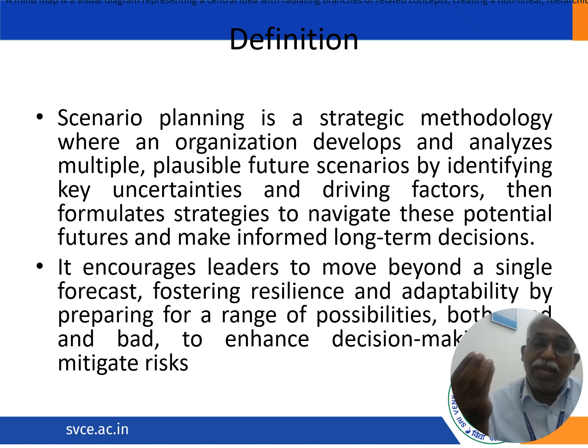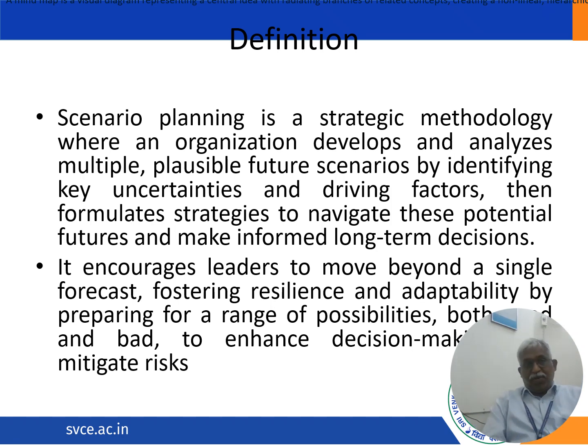If it is happening after a few years, how can we manage? What are the driving factors we have? Then formulate strategy. For example, the government is planning that people, on completion of a degree, cannot all be given jobs the government way.